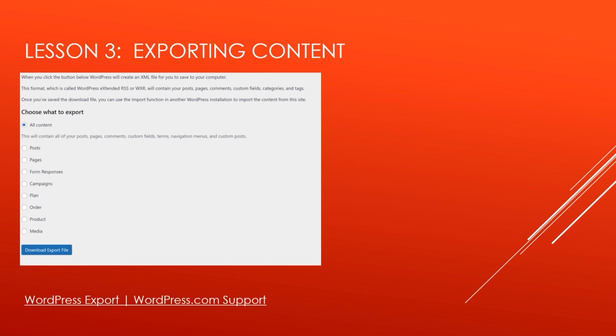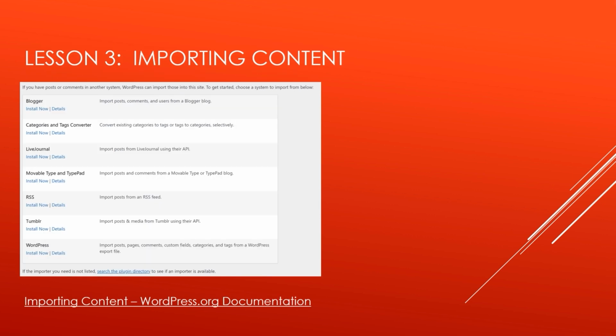The next screen is when you go to import. It can import from other systems as well as from WordPress. So if you have information on a Blogger blog, you can import it into WordPress. There's a categories and tags converter there as well. If you have posts on LiveJournal, or a Movable Type or TypePad blog, you can get that stuff into WordPress.